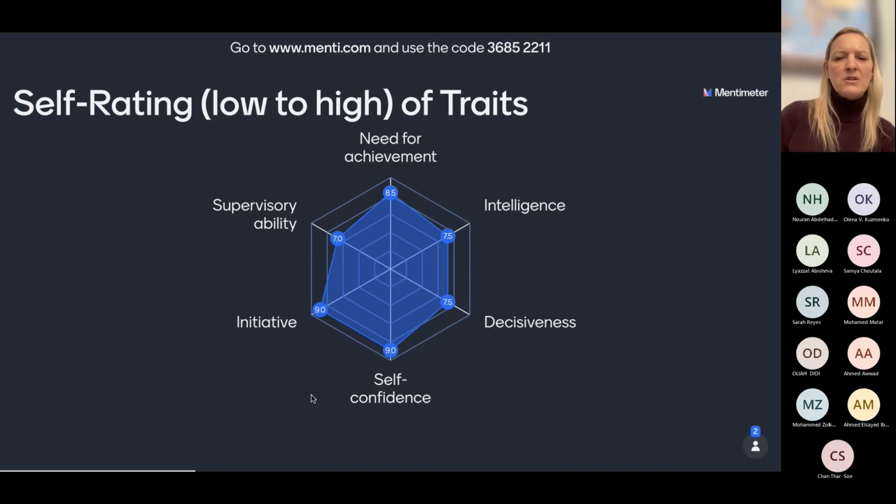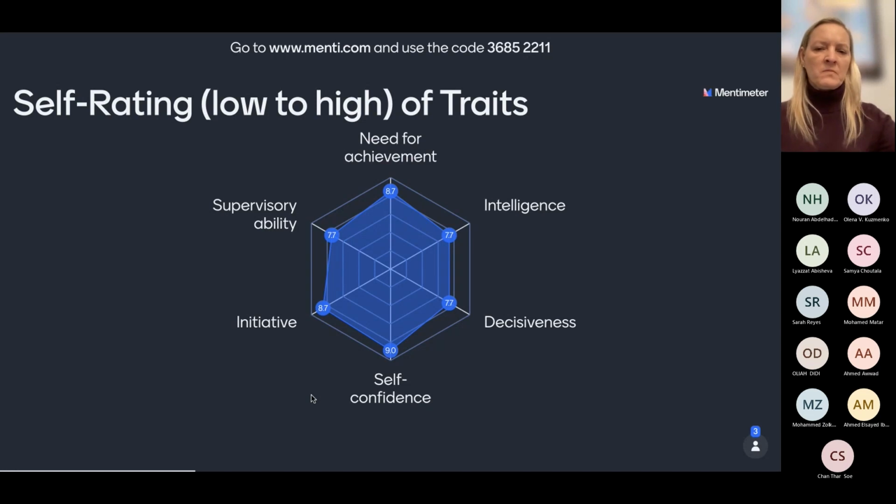And we're looking at the traits of our self-need for achievement. If it's important for us to be portrayed as intelligent, decisive, self-confident, taking initiative, and having supervisory abilities. So far, the two lower ends are intelligence and supervisory ability across the group.